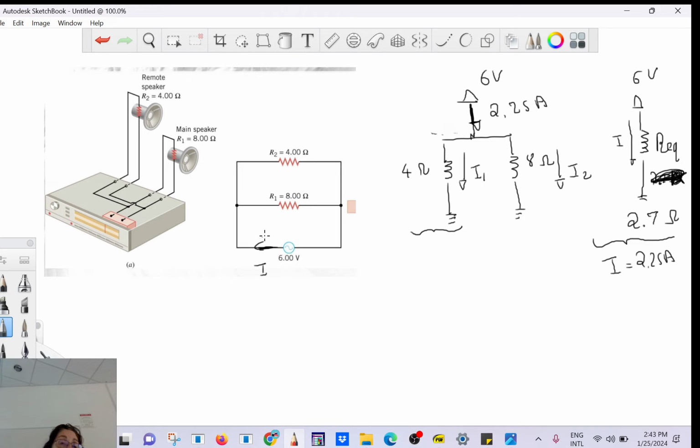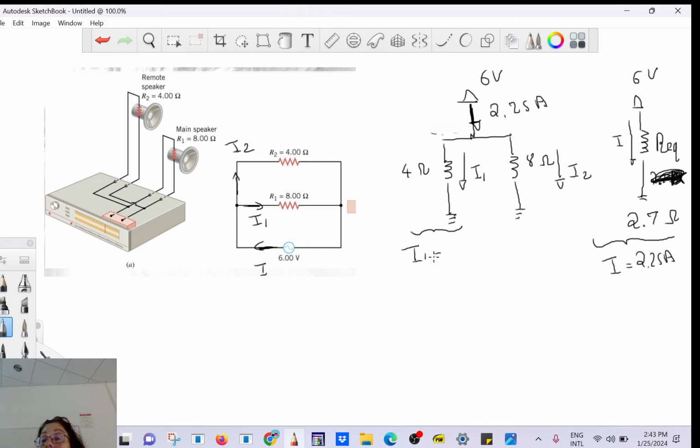Okay, so it's like the water. The total water, and then you have I1 here, and then you're going to have I2 here, and then it's combining together. Is that clear? The currents add up. I1 plus I2 equals I.